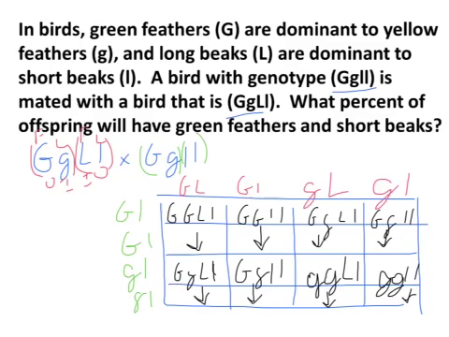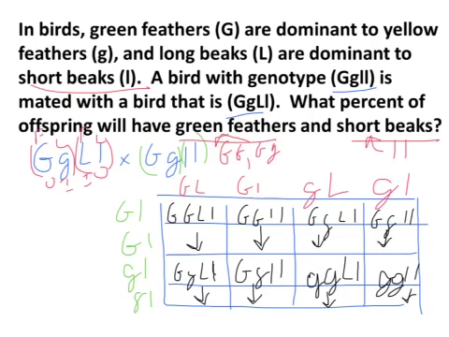Okay, so now I want the percent of my offspring that are going to have green feathers and short beaks. Green feathers are dominant, so they can be big G, big G or big G, little g. Either one of those genotypes gets me green feathers. Short beaks are recessive, so they have to be little l, little l. So I'm looking for any combination of big G, little l, little l. So let's answer our question: green feathers, short beaks.